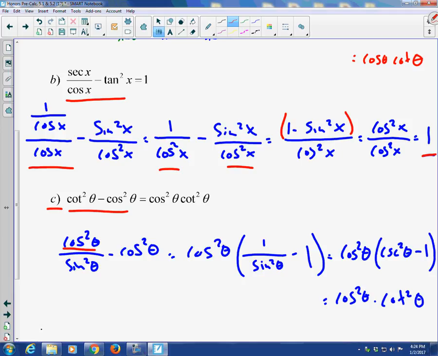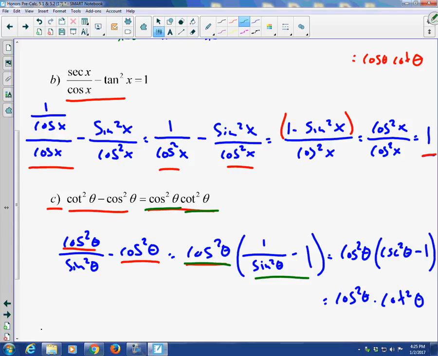Now what we can see is that cosine squared is a factor of both terms, and we can factor it out of both terms. Our target expression helps us a little bit here because it has cosine squared theta in it. So if I factor out that cosine squared theta, I'm multiplying by cosine squared, and whatever's left should be equal to cotan squared theta.